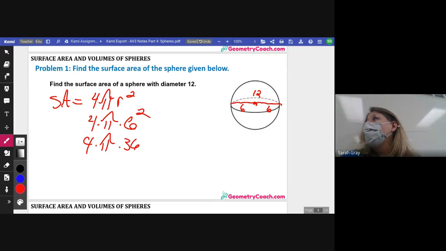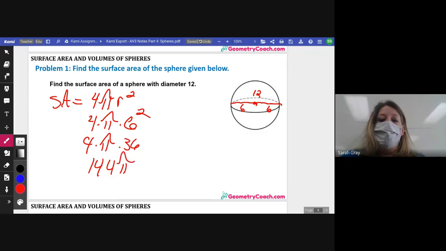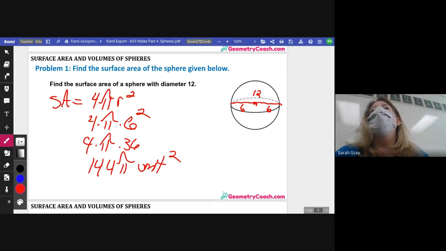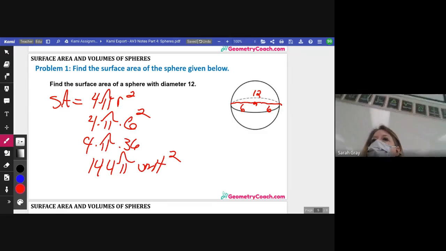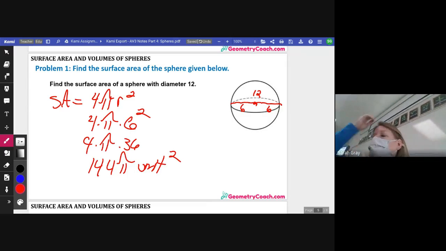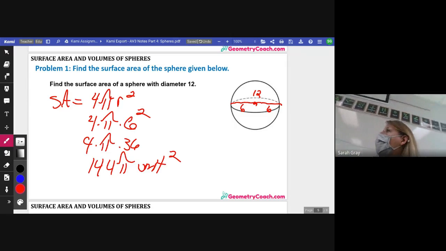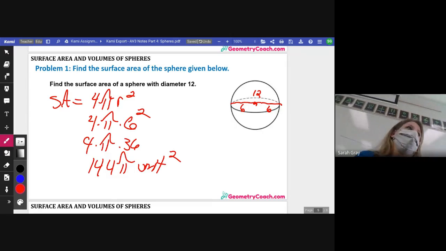That's 4 times 36, 144 pi. And we didn't get centimeters. I just put diameter 12. So we can say units squared. Okay. Any questions on those two?